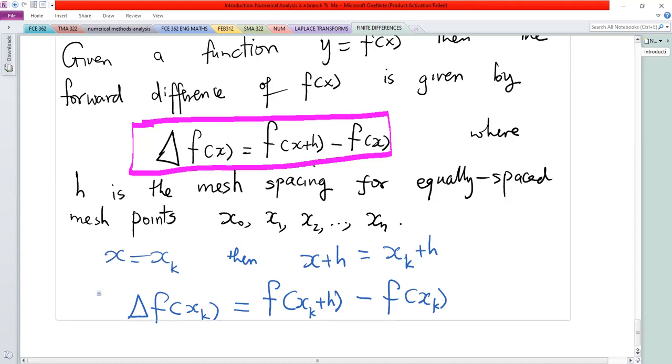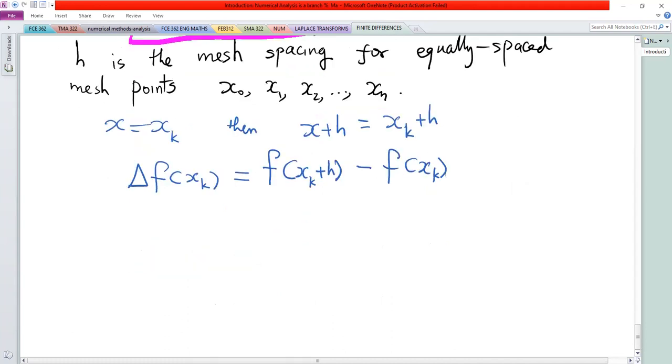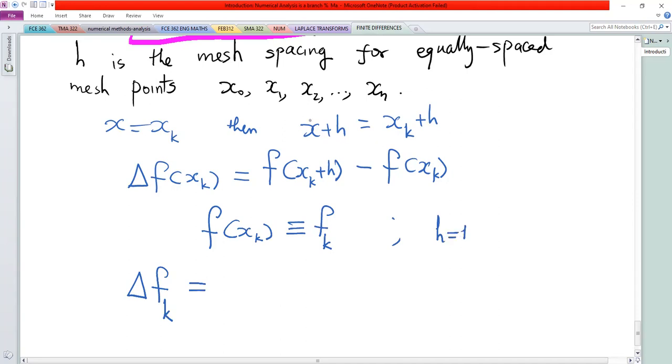Now, we are going to use a notation that f of x sub k is the same thing as writing f sub k. So the forward difference of f of xk, just written as forward of f sub k, will be, when I let h be 1, the mesh spacing to be 1, f k plus 1 minus f k.